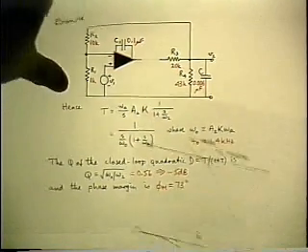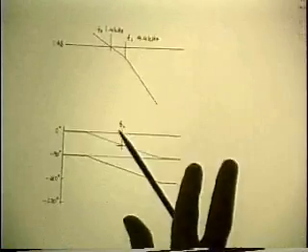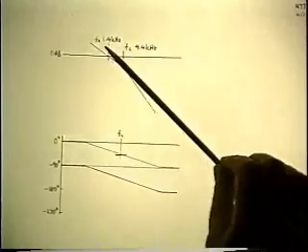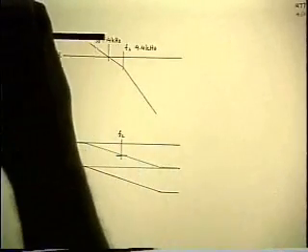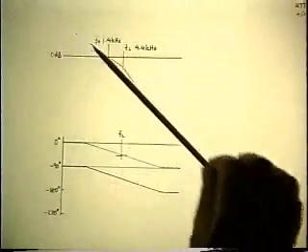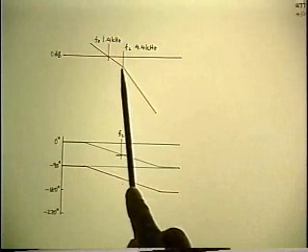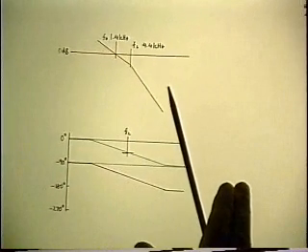So it looks like this. Here's the loop gain coming down, actually from a finite value at zero frequency, but we've ignored that, crossing over at 1.4 kilohertz with a second pole at 4.4.